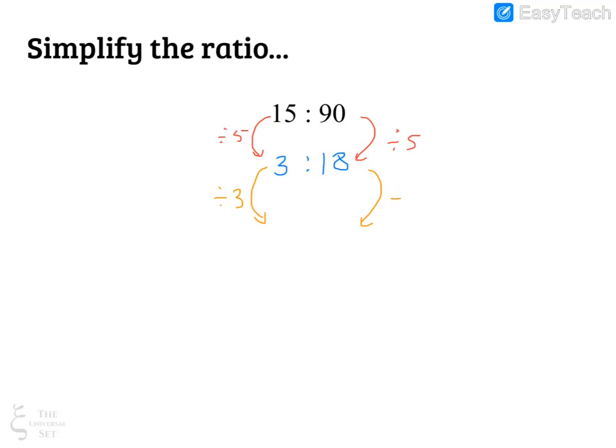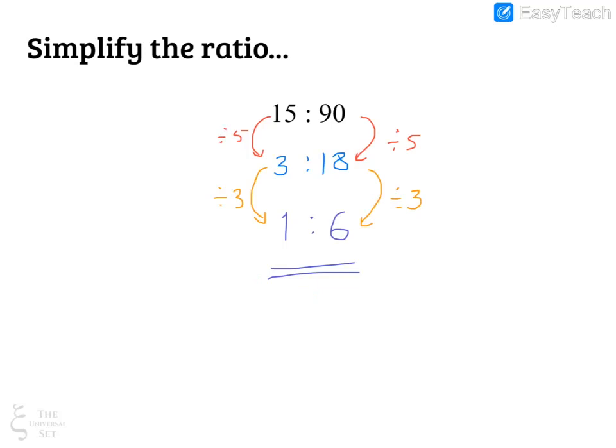Divide by 3 on this side. There we go. And if I divide 3 by 3, I'm going to get 1. And if I divide 18 by 3, I'm going to get 6. So there we go. That is my answer there, 1 to 6. If we're asked to simplify the ratio 15 to 90, the answer we should get is 1 to 6.